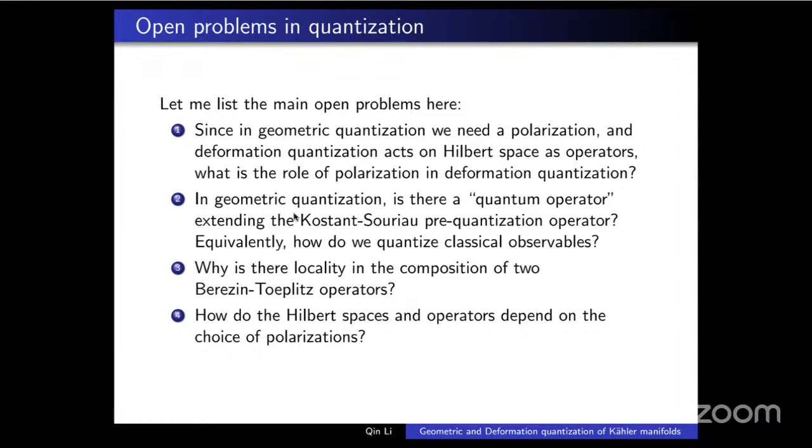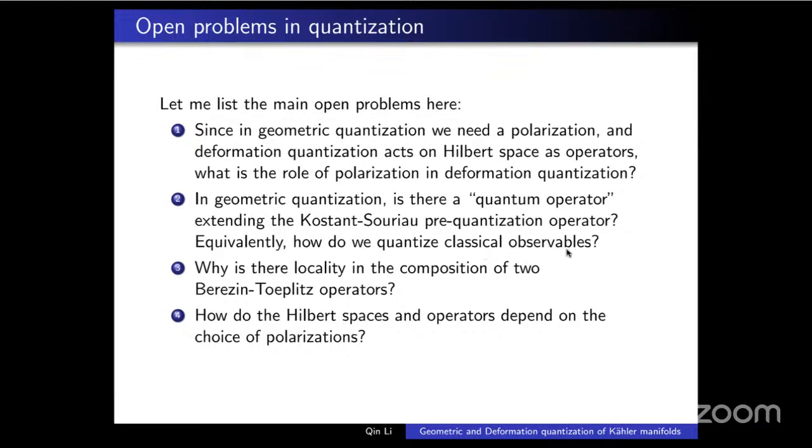The second one is in geometric quantization. Is there a quantum operator extending the Kostant-Souriau pre-quantization operator? As I said before, given a function f, you have multiplication and then plus a constant times the connection, actually the covariant derivative using the Hamiltonian vector field of the function f. Or equivalently, how do we quantize classical observables?